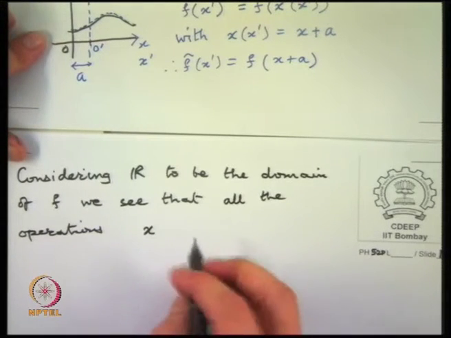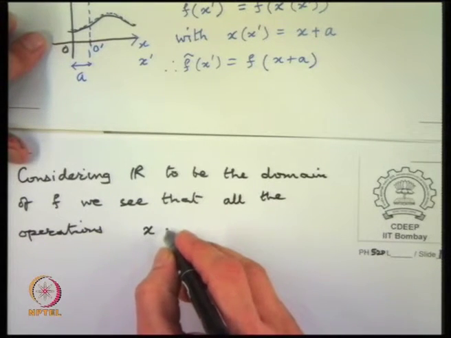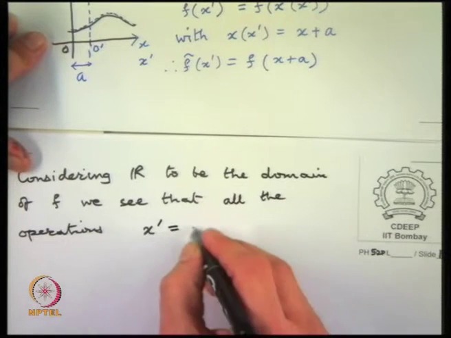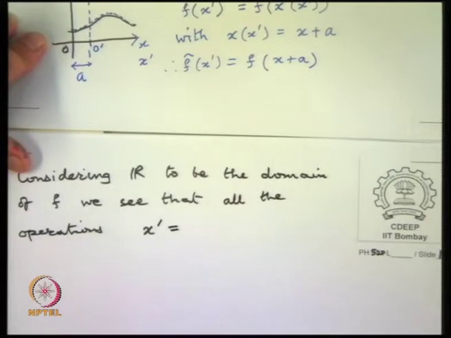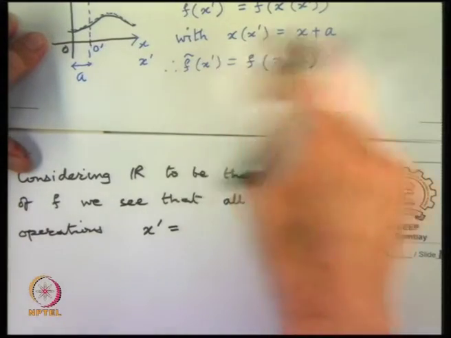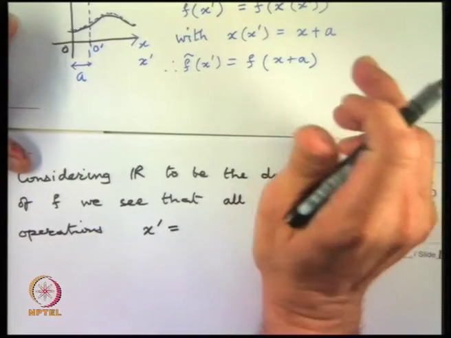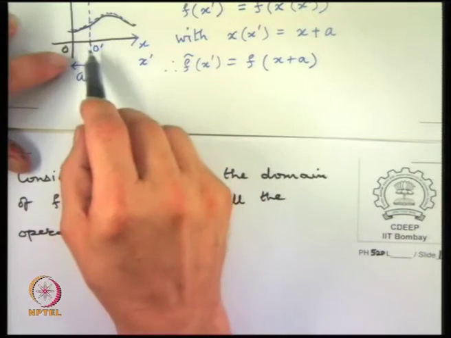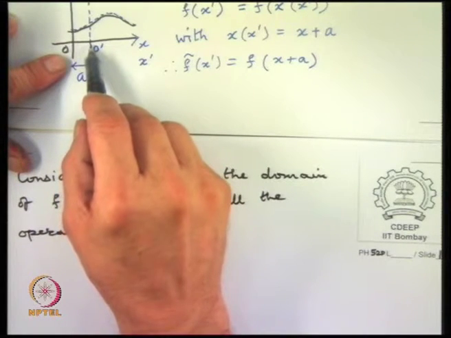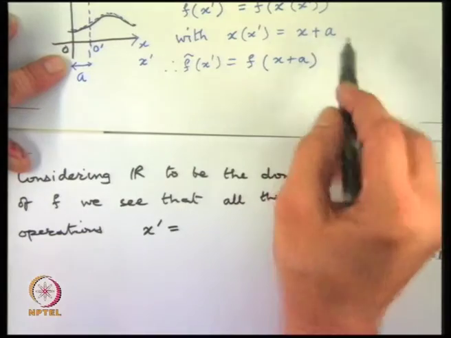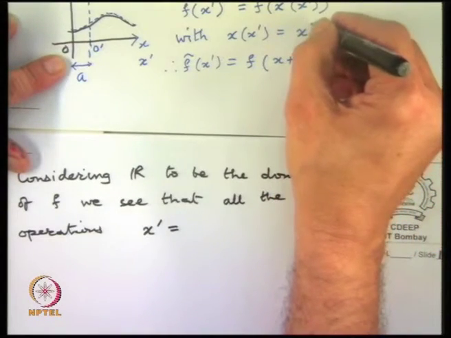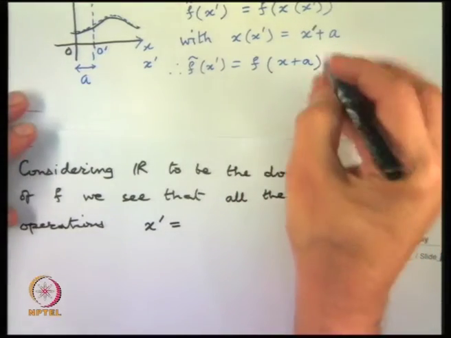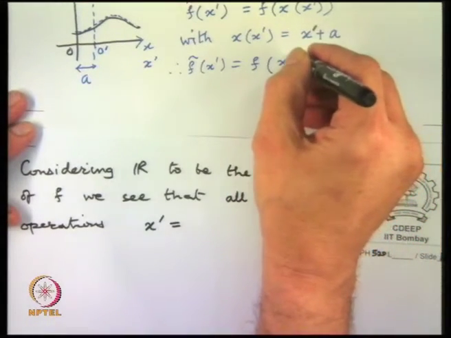So all the operations x prime equal to x minus a, right? We did check that x at x prime equal to 0 is equal to a, so there is a prime here. This is x prime, right? Correct. That's the confusion. So this is x prime plus a, and this is also x prime plus a.